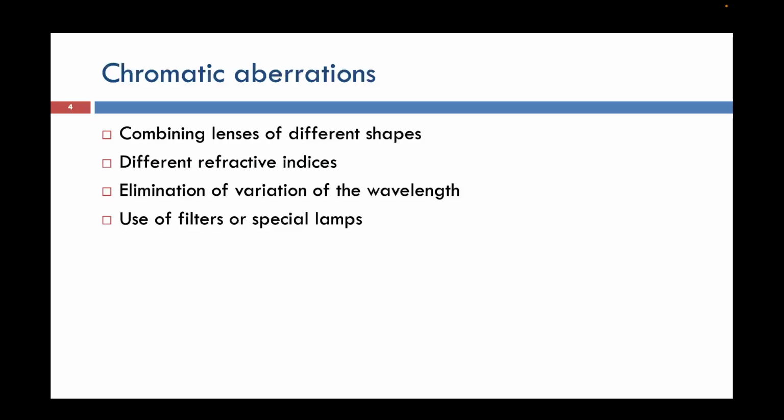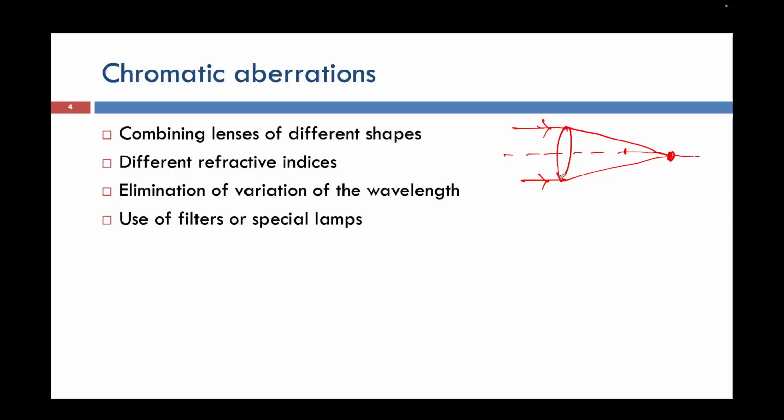Let's say I am designing a lens like here, and these are the white lights. Let's say my red wavelengths are focused here, and, as I said, my blue wavelength is focused here.